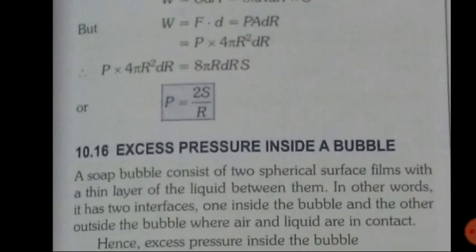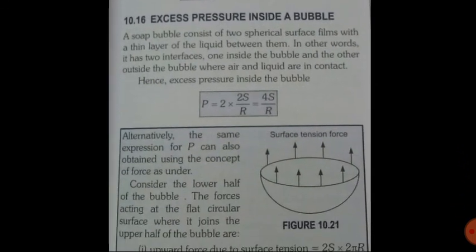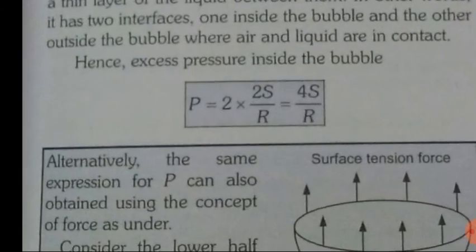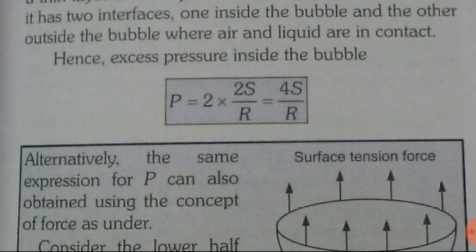But if the bubble is not inside any liquid but outside somewhere, then we have to multiply this formula by 2, because that time the bubble will have two free surfaces. I hope this excess pressure in the case of a liquid drop and a bubble is now clear to you all.